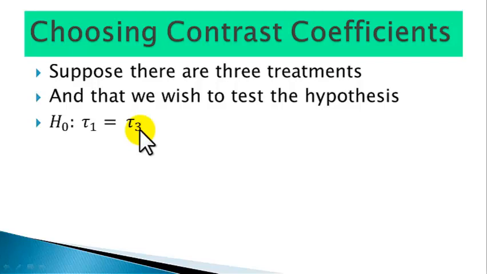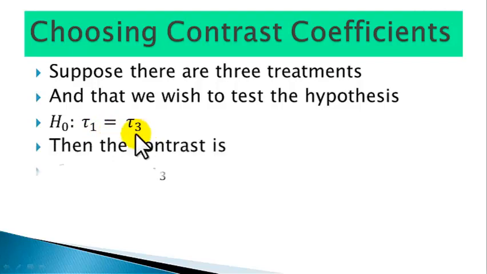To construct a contrast, all we need to do is to move tau 3 to the left so that the null hypothesis is restated as tau 1 minus tau 3 equal to 0. This then suggests the contrast of the form C equals y dot 1 minus y dot 3. That is treatment 1 total minus treatment 3 total.